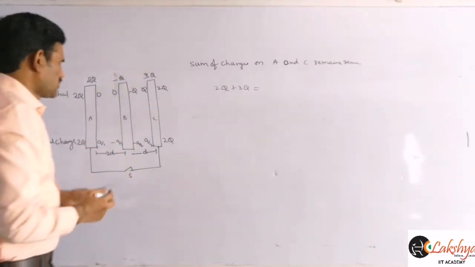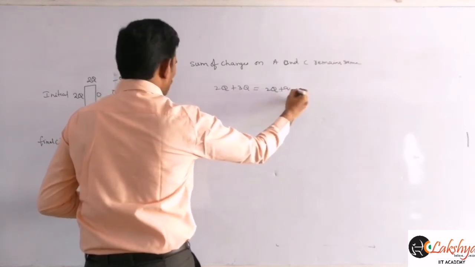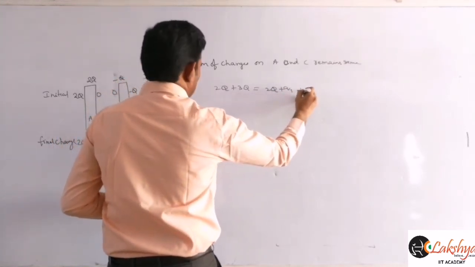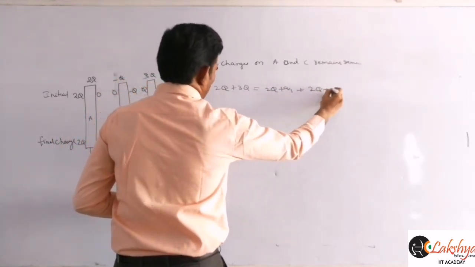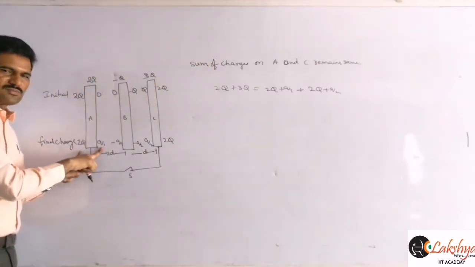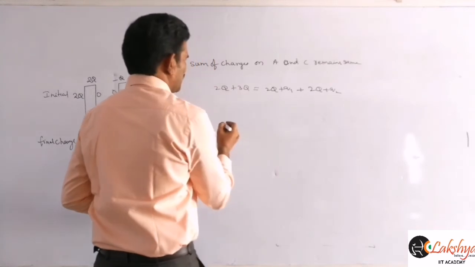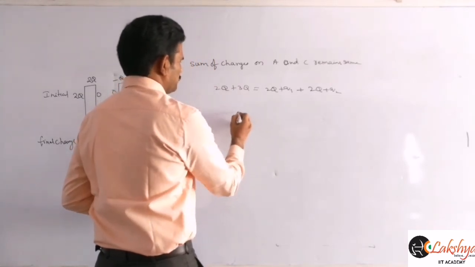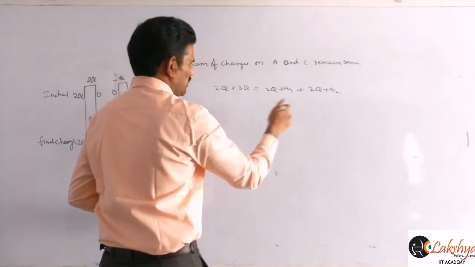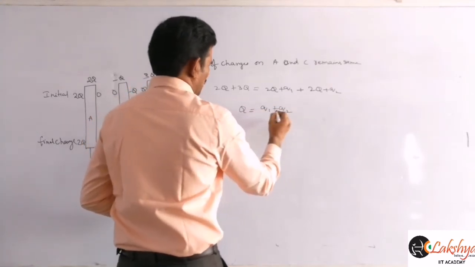Now final charges are 2q plus q1 plus 2q plus q2. This is the charge present on the first plate, and this is the charge present on the second plate. And so this we can write as 5q equal to 4q plus q1 plus q2, that means q is equal to q1 plus q2.